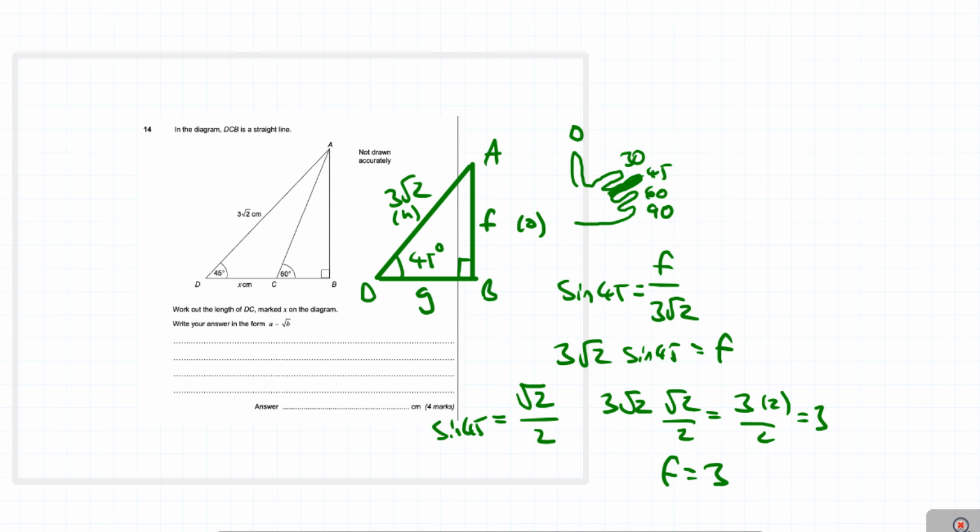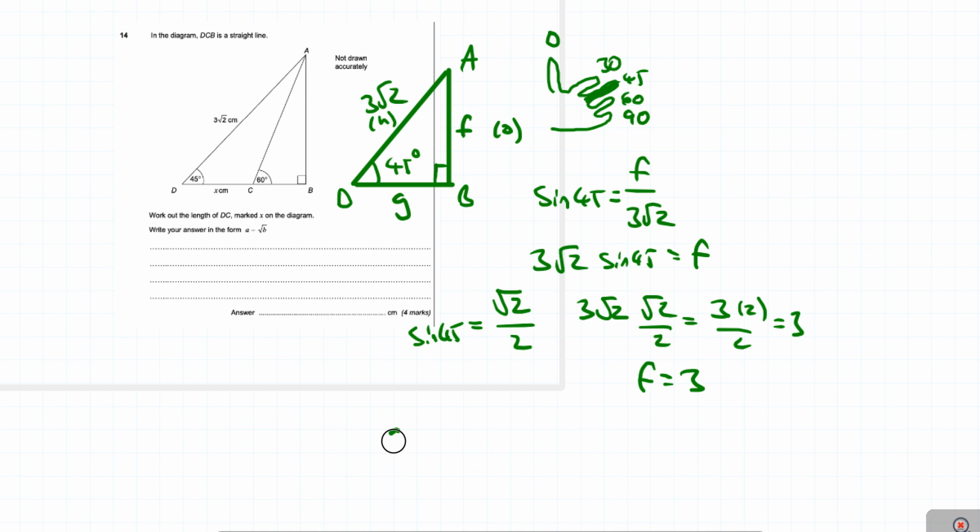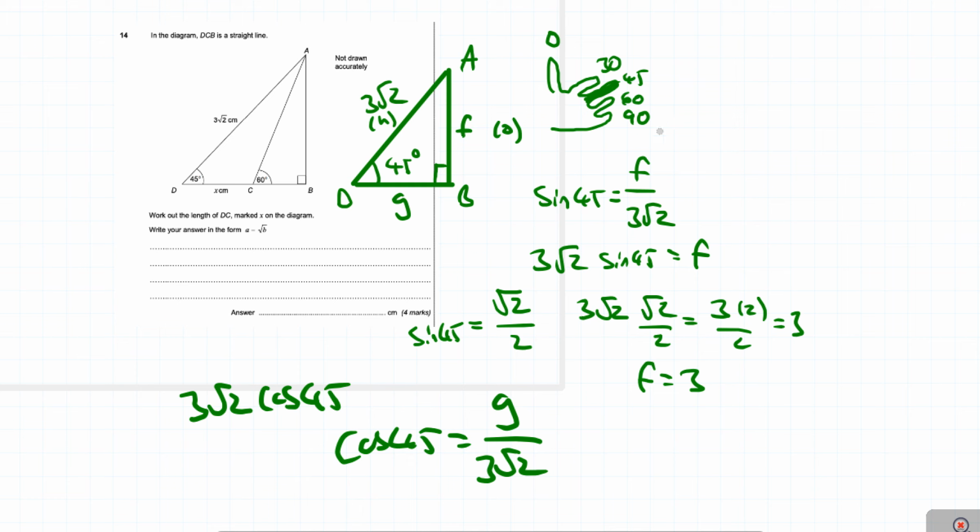And then we can also find G. It's going to be cos 45, which is equal to adjacent, G divided by 3 root 2. So it's 3 root 2 cos 45, and cos 45 and sin 45 are the same. So that is also equal to 3 root 2 over 2, which we know is 3.